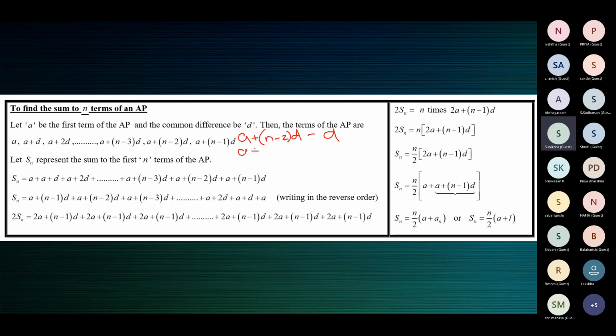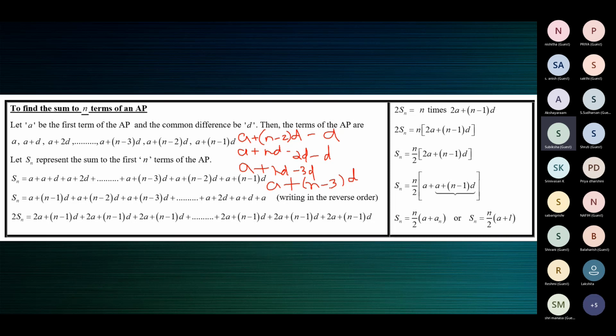A plus nD minus 2D minus D. So it will become A plus nD minus 3D. Now between these two terms, nD and 3D, D is common, so D is out. So here you will get n minus 3.